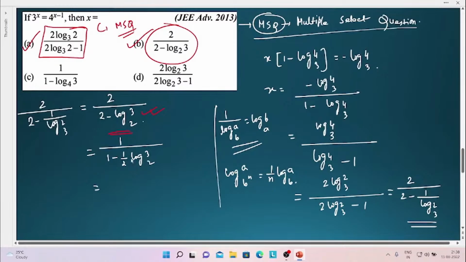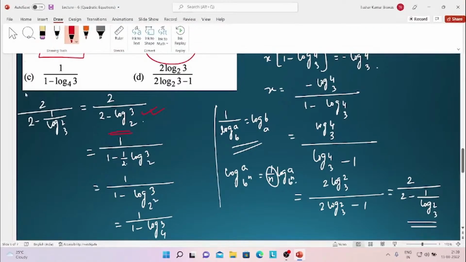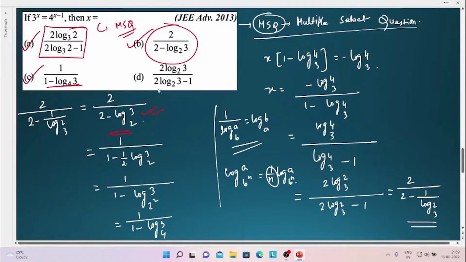So I can write 1 by 2 in terms of 2 to the power 2, so it will be 1 by 1 minus log of 3 base 2 squared, which is 1 by 1 minus log 3 base 4. So here you can see option C is also the correct option. Let me check whether this is the correct option or not.